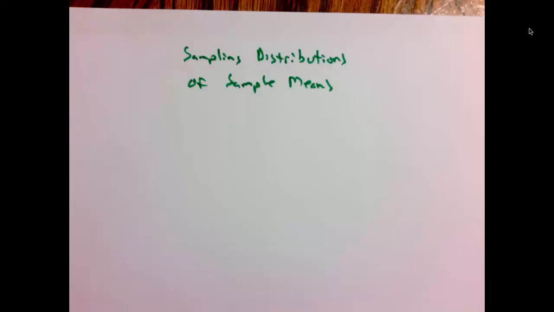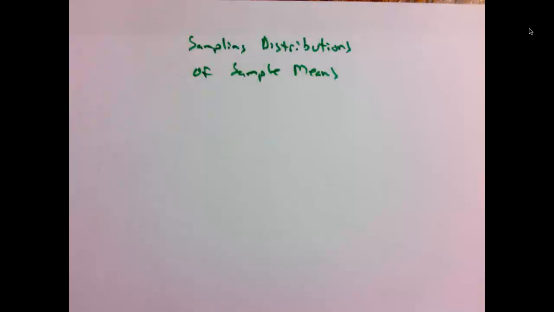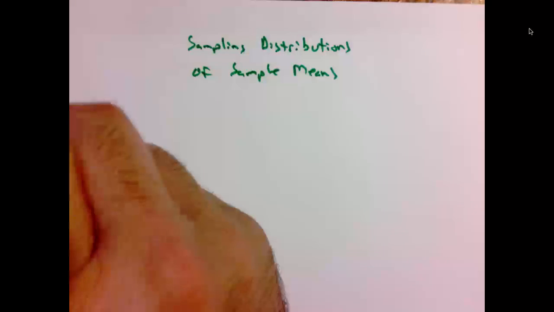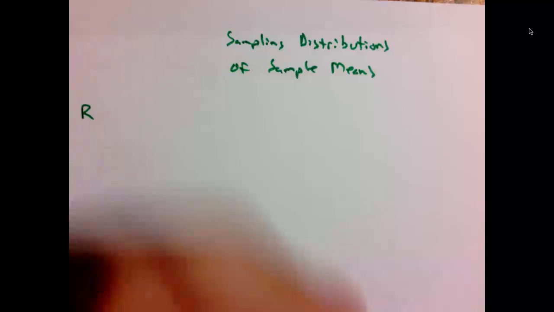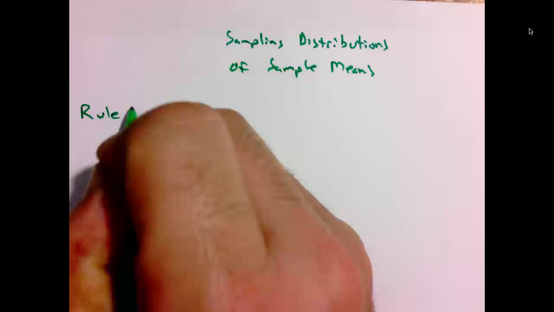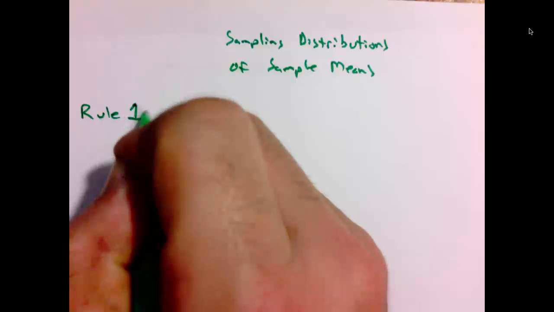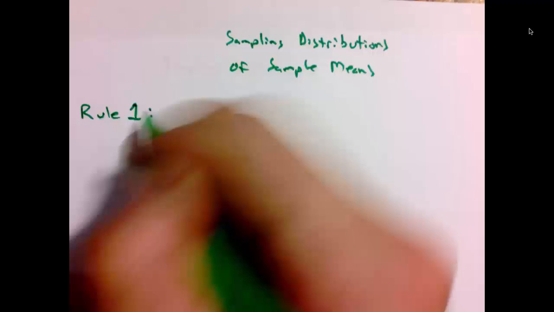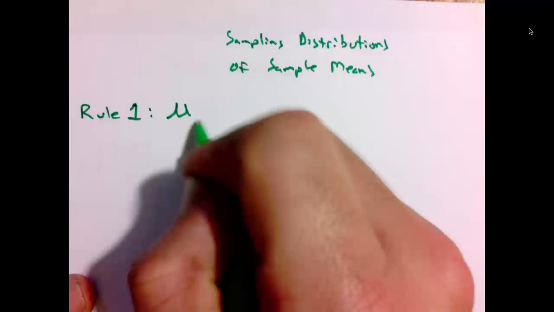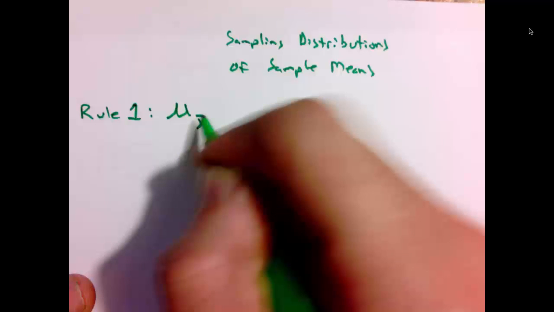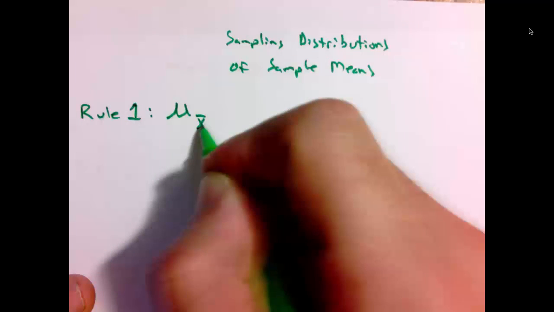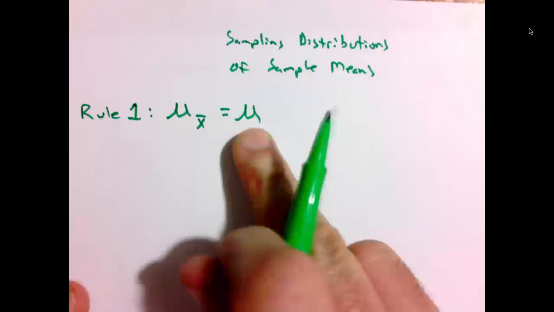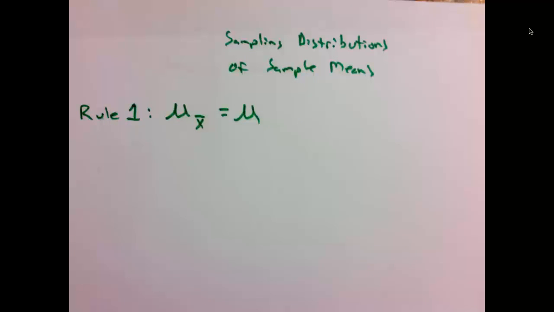All right. Like with the sample proportions, we're going to have a few rules. Rule number 1. The mean of our sample means, the mean of our x bars, will be equal to our population mean. Just like with the proportions, this is an analogous situation.